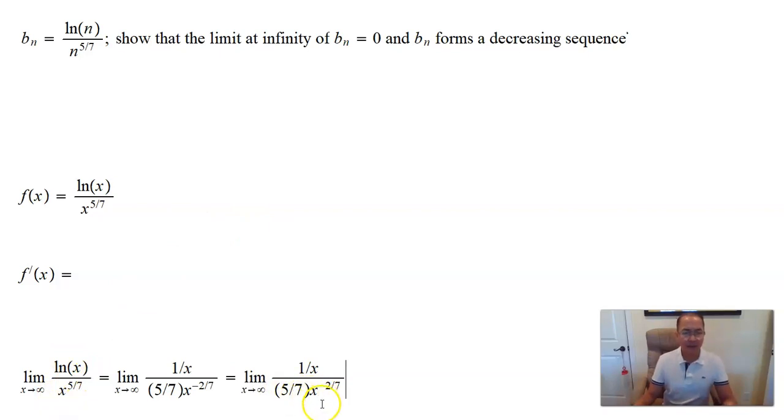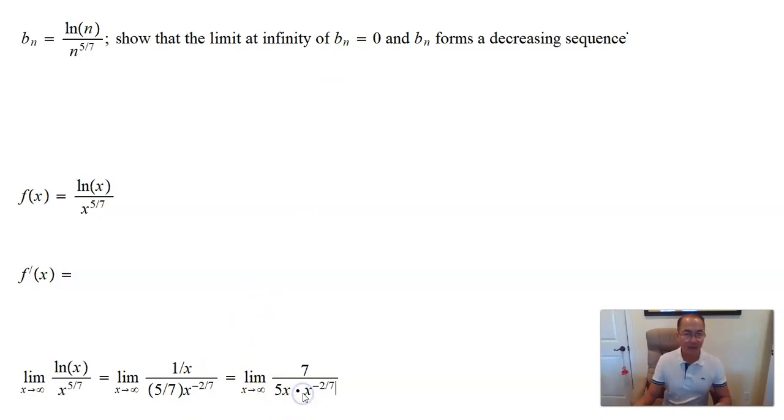Okay, so now we need some creative flipping. What do we have? Yeah, sure, we can flip the 5 over 7 into 7 over 5. Let me clean this up entirely. So we have 7 over 5 from the 5 over 7. 1 over x. X should go down to the denominator. And you know what? I'm going to keep the x to the minus 2 over 7 in the denominator, even though it has a negative exponent.